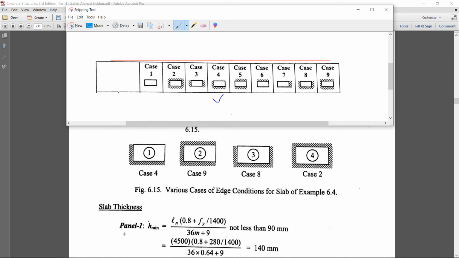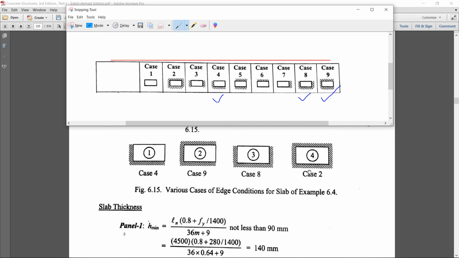Now we will move further, for 3 edges continuous and 1 edge discontinuous. Here one shorter edge is discontinuous, so our case is 9. For slab panel 3, one longer edge is discontinuous, so you can see case 8.